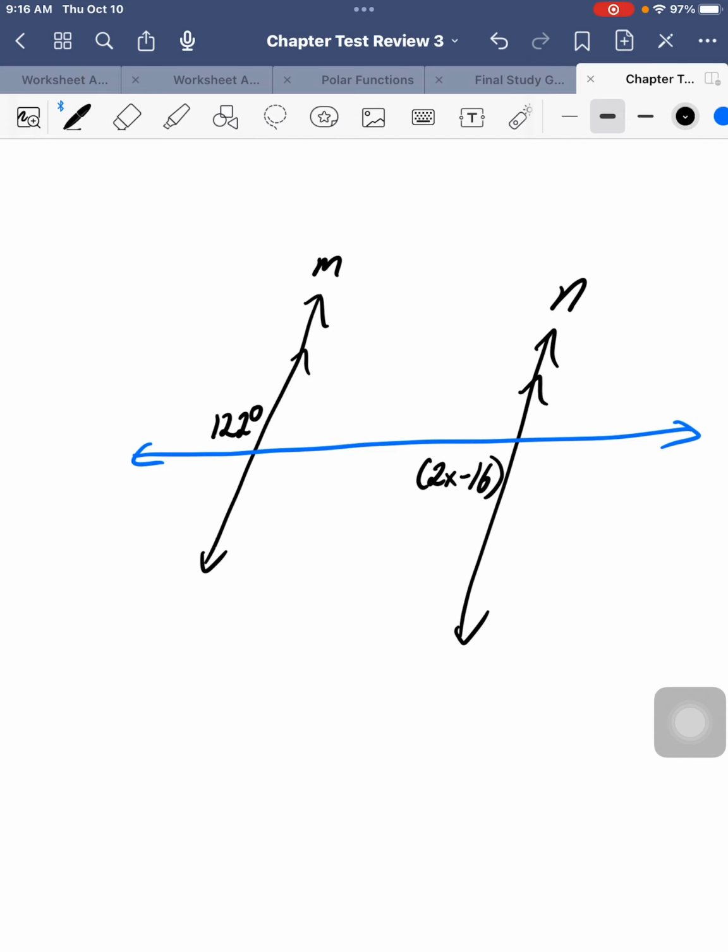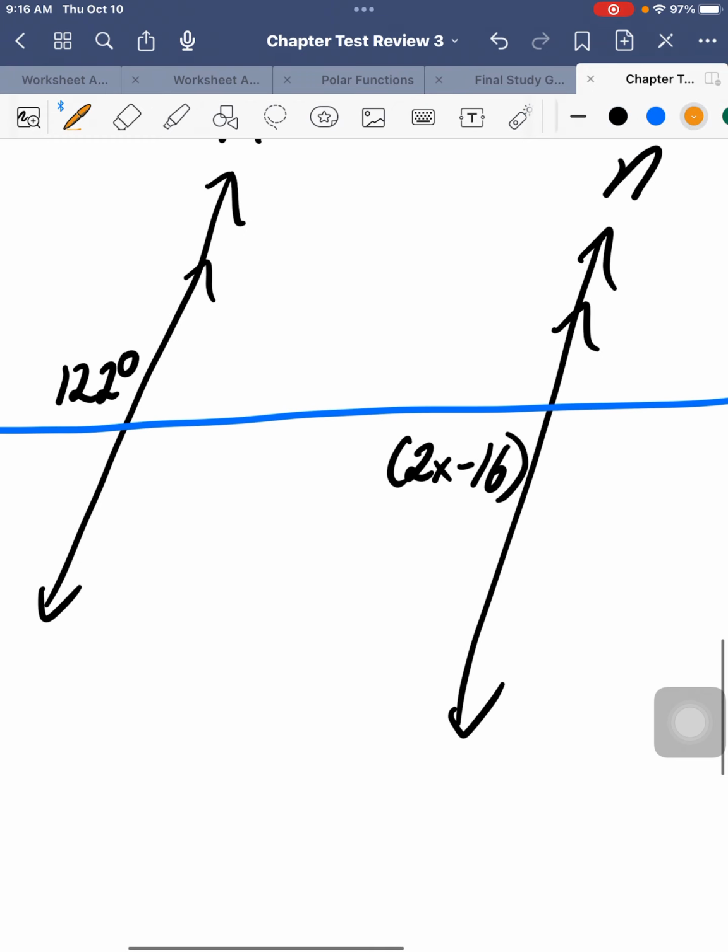Then if I'm assuming that these lines are parallel, then this 122 over here would also be 122 over here, because they would be corresponding angles. And what do I know about corresponding angles on the transversal of two parallel lines? They have to be congruent. So I can say that this would also be 122, because this angle and this angle are congruent.